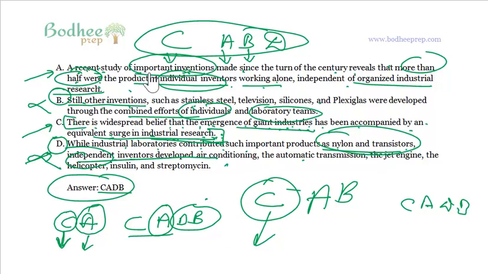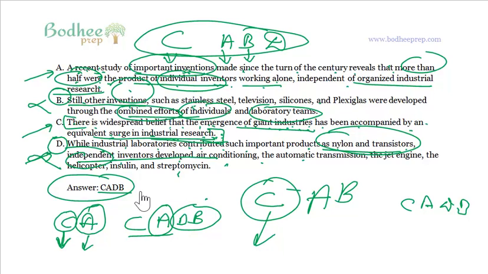So it says a recent study of important inventions made since the turn of the century reveals that more than half were the product of individual inventors. While industrial laboratories contributed such important products as these, independent inventors developed these. And there are others which were developed with the combined efforts.